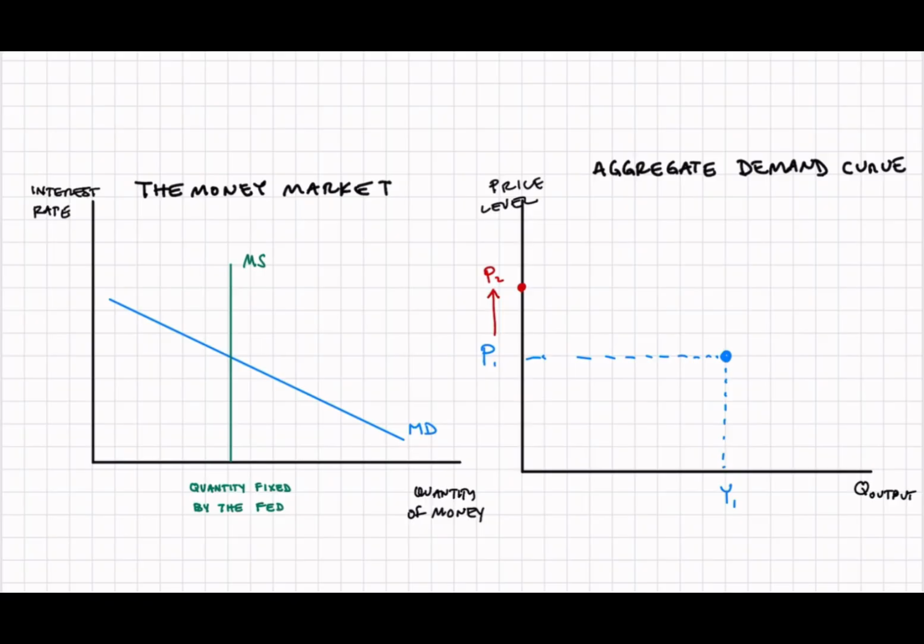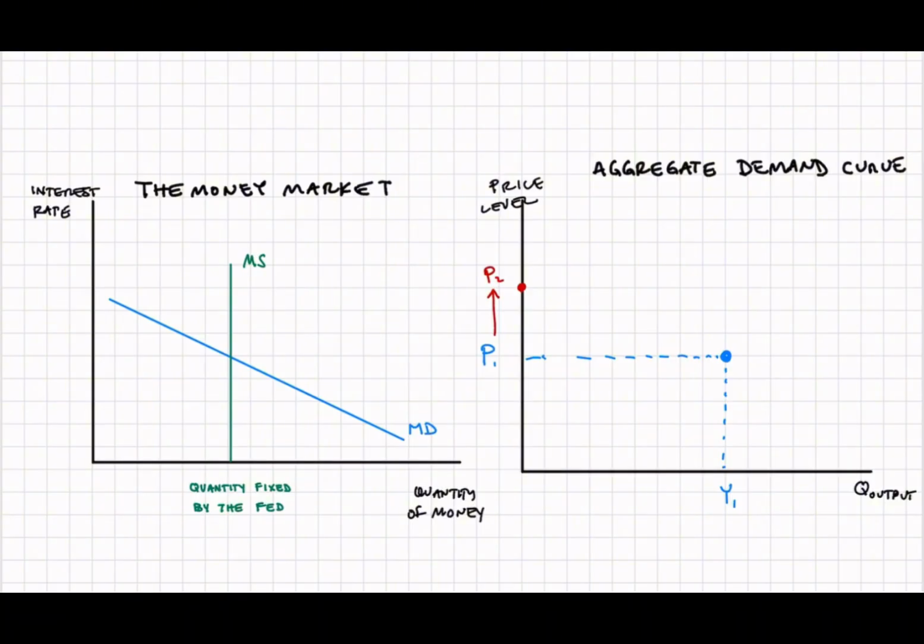But now here in this example, our price level went up from P1 to P2. And so the question is, what impact will that have on our money demand and money supply? Well, money supply doesn't change, but this is going to increase the demand for money.